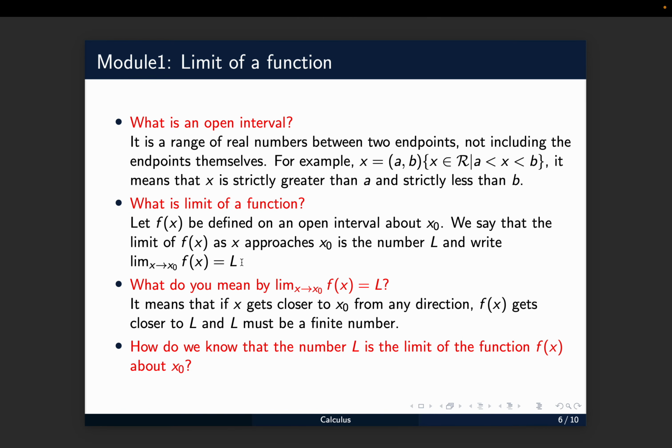How do we know that the number L is the limit of the function f of x about x naught?